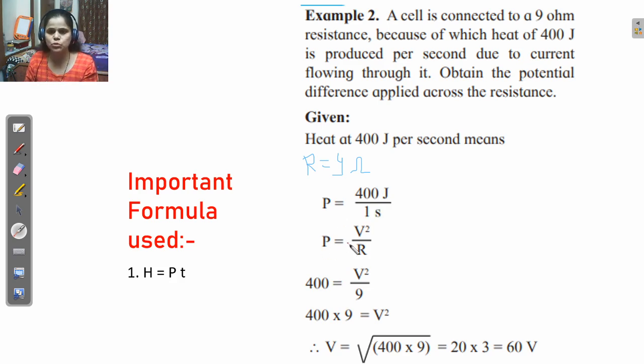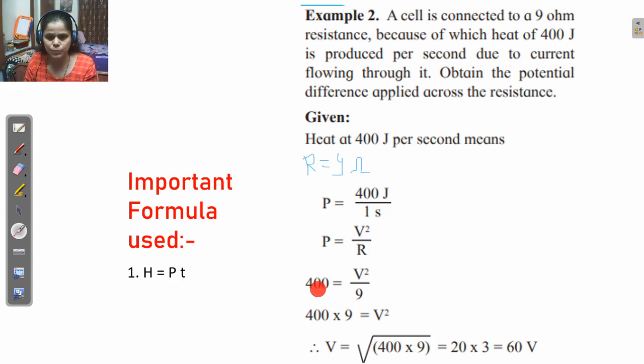So power equals, we use the formula P equals V square upon R, as in the first example. Because P equals VI, and I equals V upon R, so P equals V square upon R. Then put the value of P as 400 upon 1, that means 400. So 400 equals V square upon R, with R given as 9 ohm.